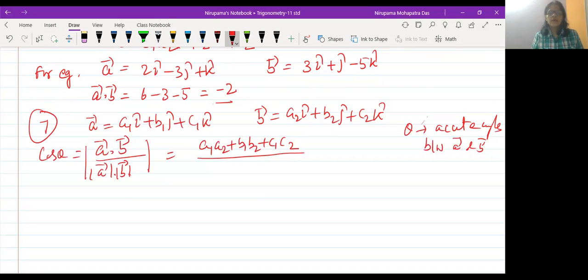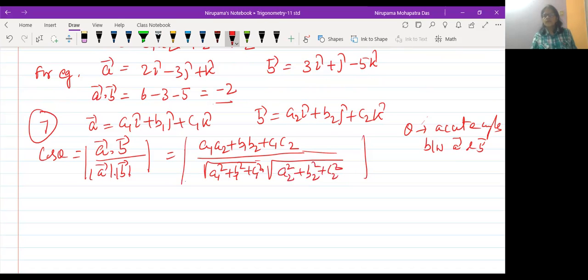divided by magnitude of A, which is the square root of A1 square plus B1 square plus C1 square. You know it? Similarly, the square root of A2 square plus B2 square plus C2 square. And since I have taken the acute angle, it will always be positive. Cos theta will be greater than or equal to 0. Okay.